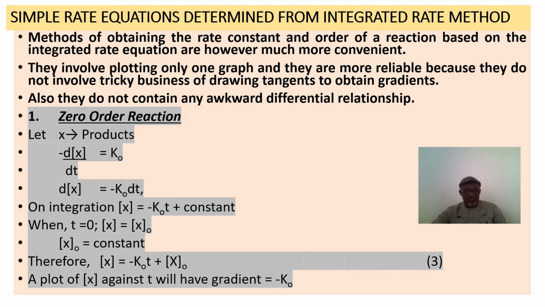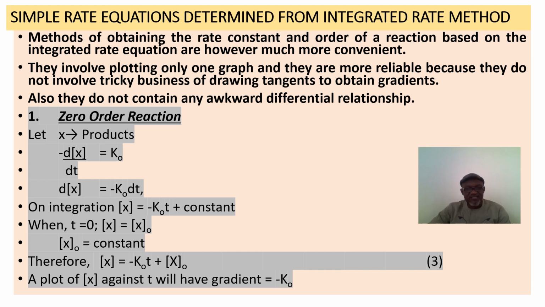For us to get this constant, we go to our boundary conditions, that is our initial condition. When t is equal to 0, x is equal to x0. Therefore, x0 will become our constant. So we have equation 3, x is equal to minus k0t plus x0. So a plot of x against t will give us a slope of minus k0, and a straight line if the reaction is a zero order reaction.